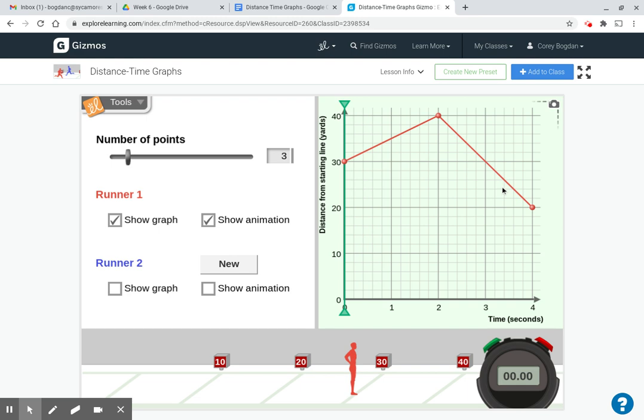So just by looking at this graph, I can tell you that the runner is going to run forward and then run backwards, starting at the 30, going to the 40, and ending at the 20. Let's watch down here to confirm that. 30 to the 40, and then end up at the 20. So what happens down here was easily predictable based off of what we saw up here.